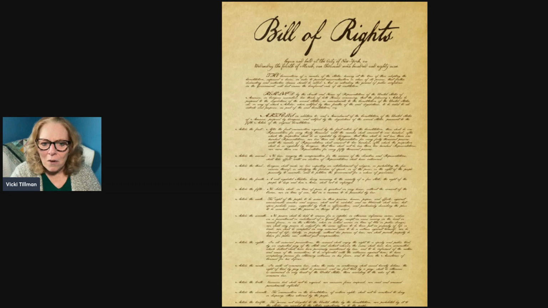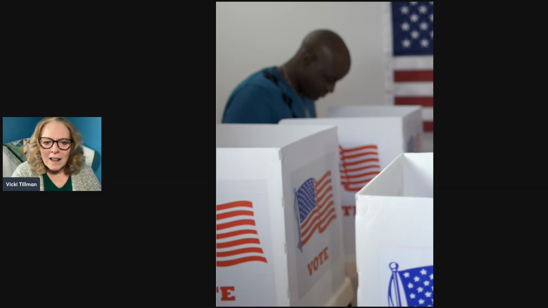All right, so let's go on to our next section. Amendment 15, all male citizens can vote. That is the last amendment in the Reconstruction Amendments.